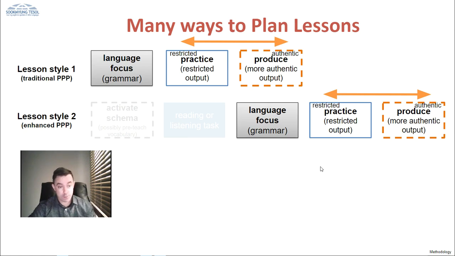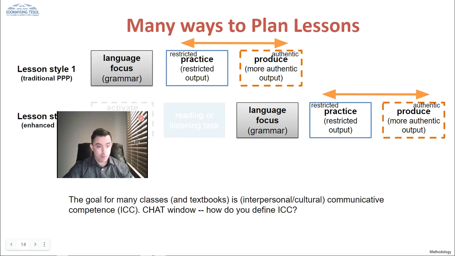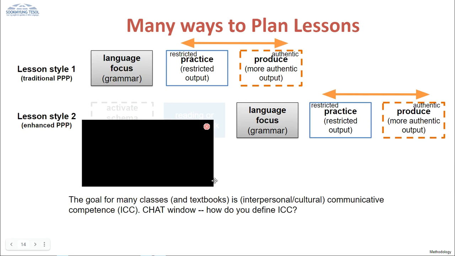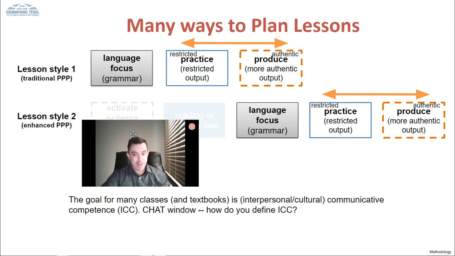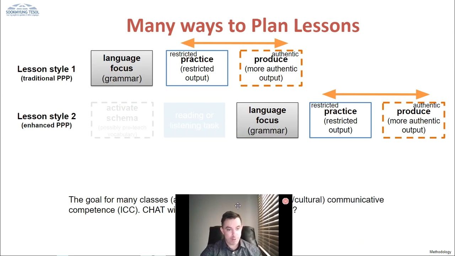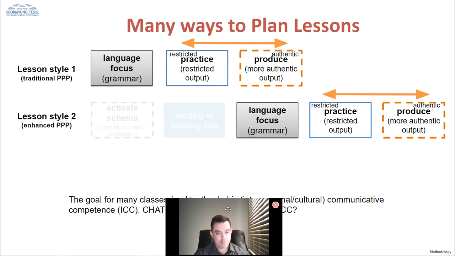We're not so concerned with grammar anymore. Let's express ourselves, express function and the discoursal system in different ways, right? To accomplish some kind of communicative goal, which we'll talk about in Teaching Speaking 2. And the goal of many classes and textbooks is interpersonal communicative competence, like in ICC.